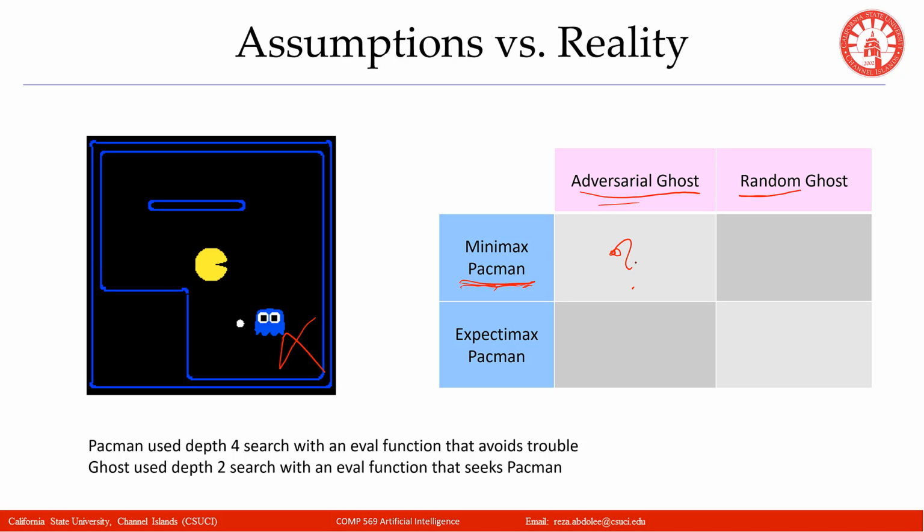And we want to know when we run the minimax for Pac-Man, and the ghost is random, what is the result in here? And then what if the Pac-Man runs the expectimax algorithm? What's going to be the result in here? We don't want the exact value of those scores. We want to know which score is going to be higher.